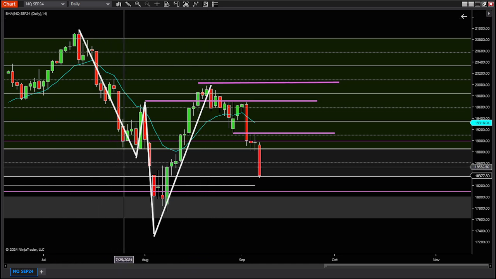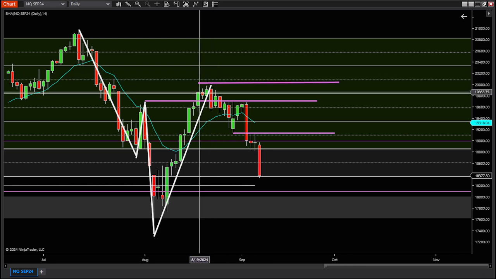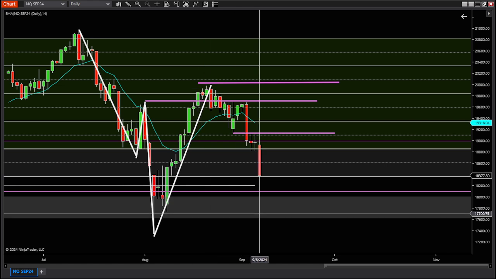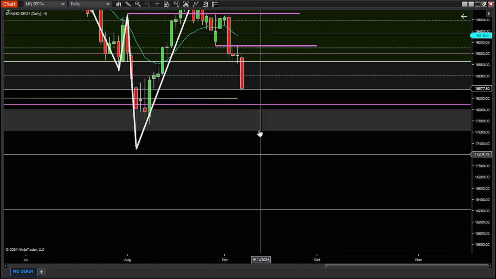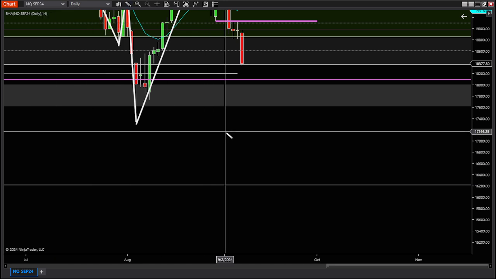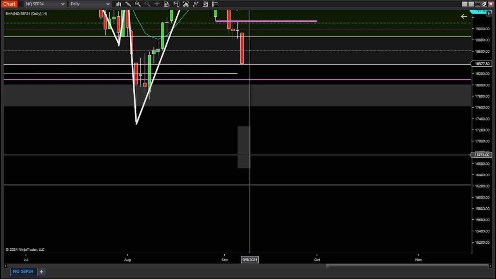So, pull back, lower low, pull back above. Now we're looking for that strong close below the EMA, right? Strong close below the EMA. Okay, strong close. If you have a red candle, this is where you get to determine what a strong close is.